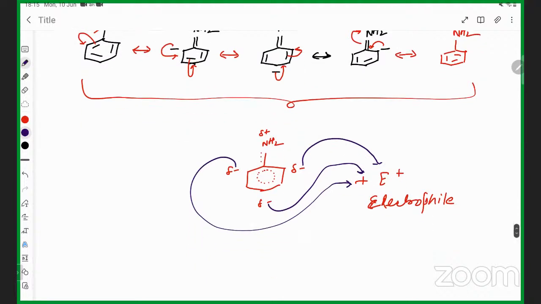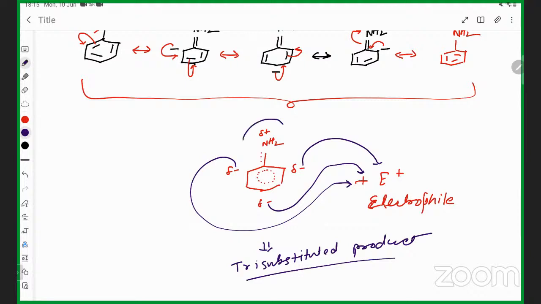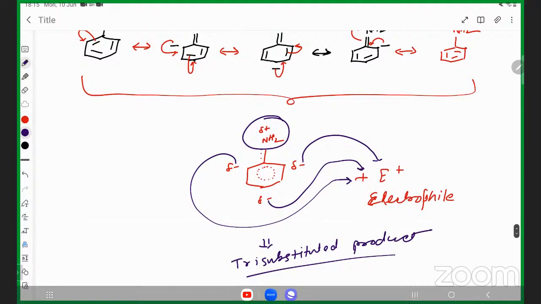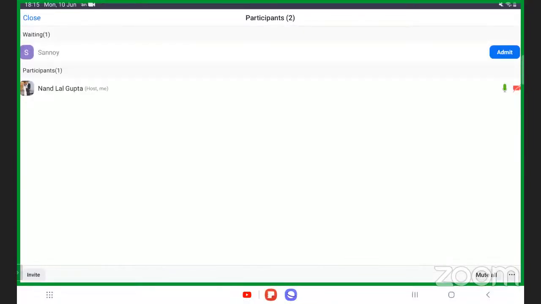They give all three positions, so it is going to give a tri-substituted product. So aniline always gives a tri-substituted product until you decrease its activity. Otherwise it will be tri-substituted only.